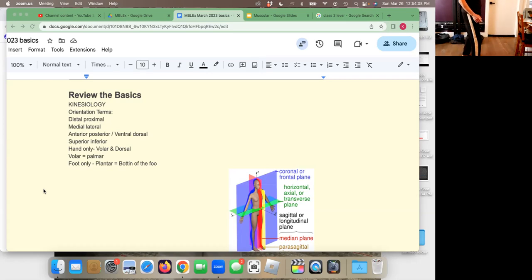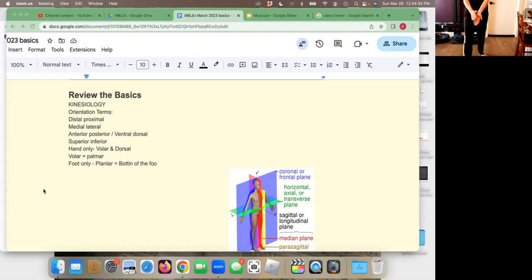You have to think about when they describe a movement to you on the MBLEx, when they describe some kind of movement, you have to think about which is the anterior, which is the posterior surface, which muscles are in the anterior, which ones are shortening, which ones are lengthening, which one is concentric, which one is eccentric. So your anterior, posterior, just as your foundation, can be essential for discerning all that.